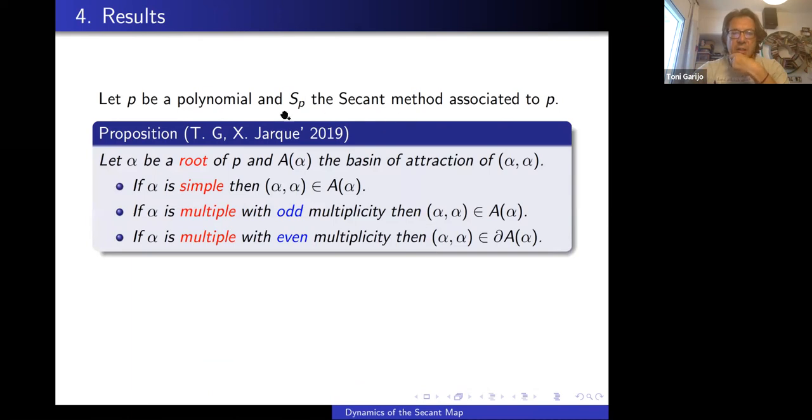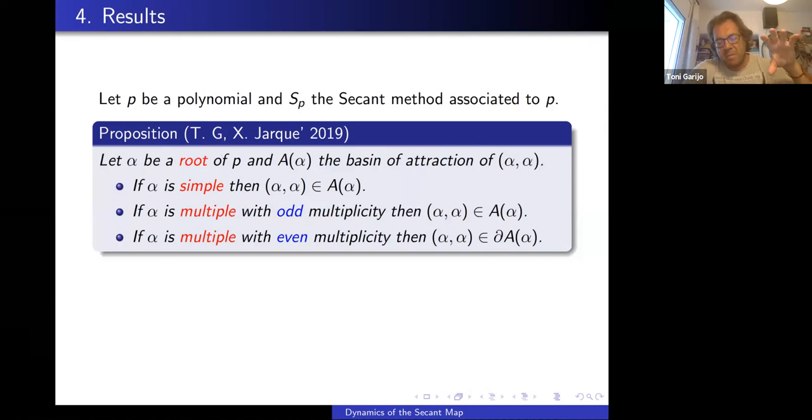Okay, then at this point, we start to write the results that we obtain on this problem. At the first one, we consider the secant map, and we make the difference and study what happens if the root is simple or multiple. Look that, for example, in Newton's method, basically there is no difference.